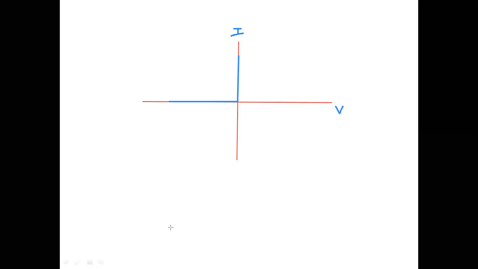In reverse bias it should not conduct anything, while in forward bias the diode must conduct heavily. That means the resistance in forward bias, RF, the forward resistance, is equal to zero.